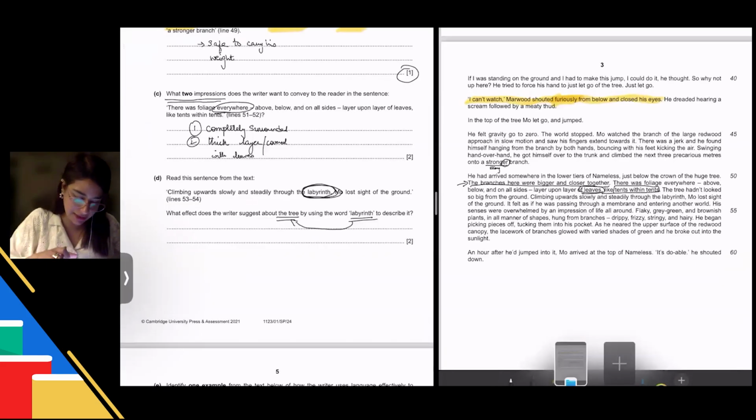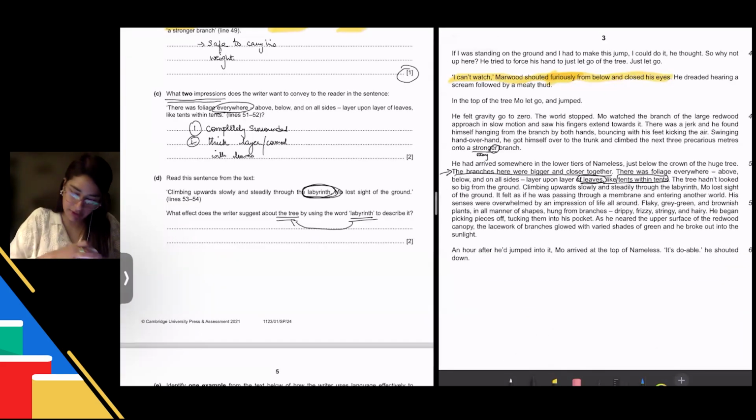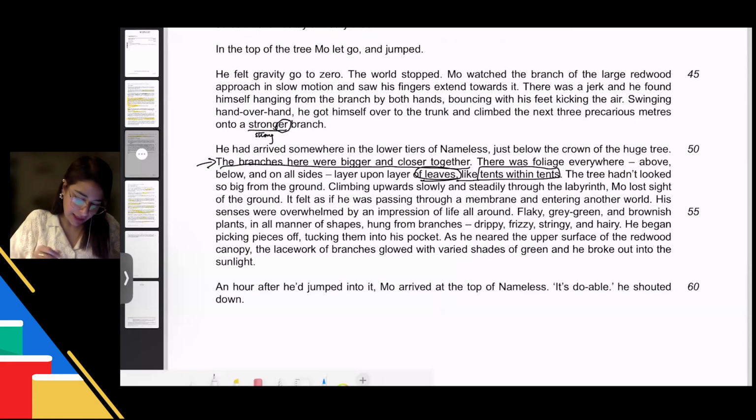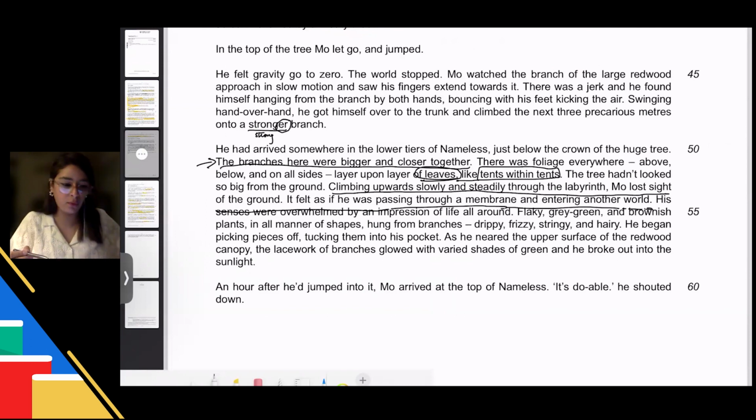and I look at the line given to me, which is line 54. It says, climbing upward slowly and steadily through the labyrinth, Mo lost sight of the ground. It felt as if he was passing through a membrane and entering another world. So if I do not know what this word means, I will look at the context.